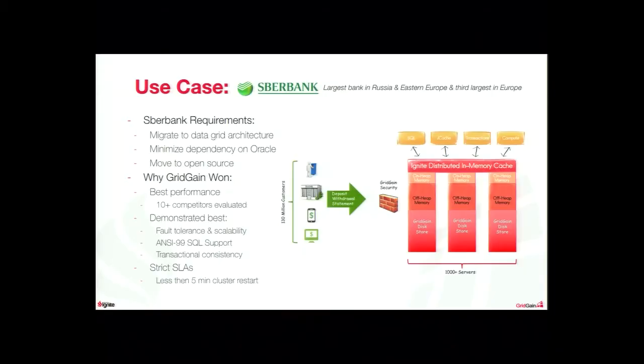Huge case study. This is the bank that we're talking about right now. We just managed to close the deal at the end of last year. They're making a huge investment in GridGain, which is the enterprise version of Ignite. What they're doing is trying to migrate all their architecture onto a more agile in-memory platform so they can have much faster and more agile development of their services and new services.